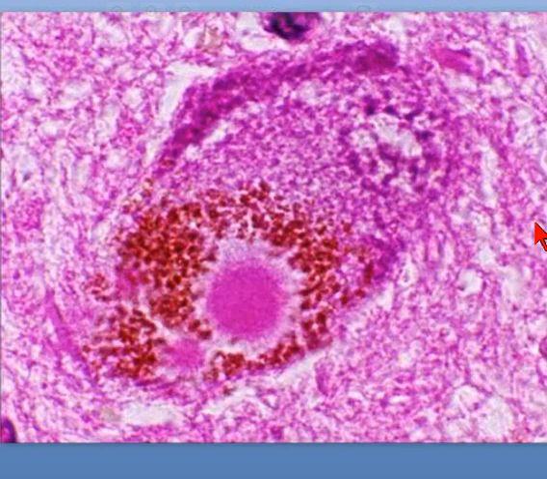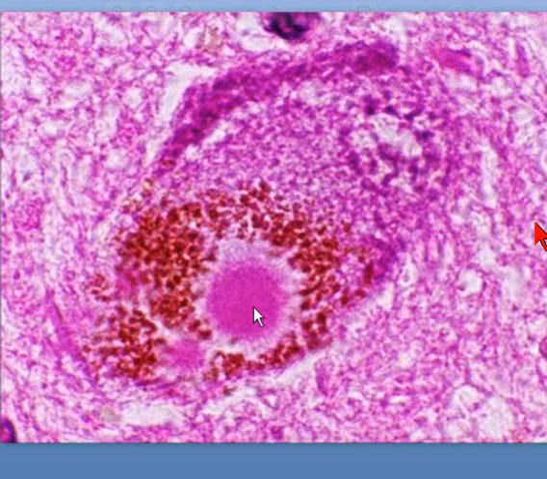I think you should probably memorize this image also. It's called a Lewy body. And it's also found in Parkinson's disease. And as you could see, it's inside of a neuron, and it's very hyaline looking.